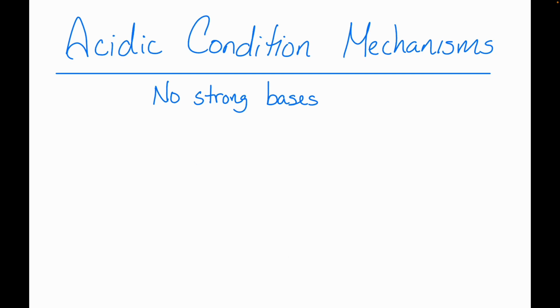That can't possibly be one of your reagents in your reaction. And similar to before, our strong bases all have this common feature with their charges, and that is that they are negatively charged. So then all intermediates should be either positively charged or neutral.